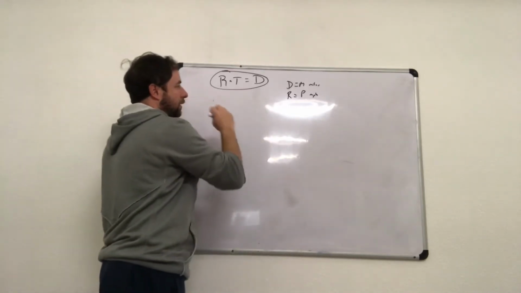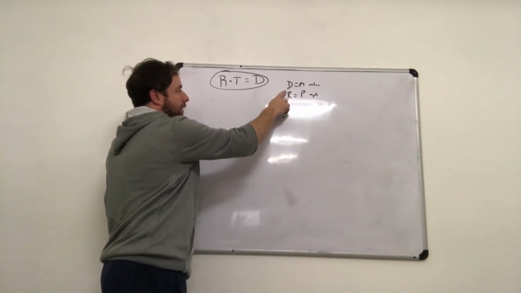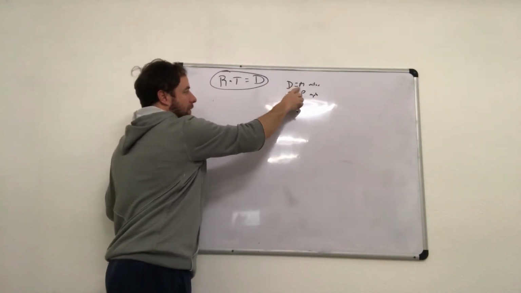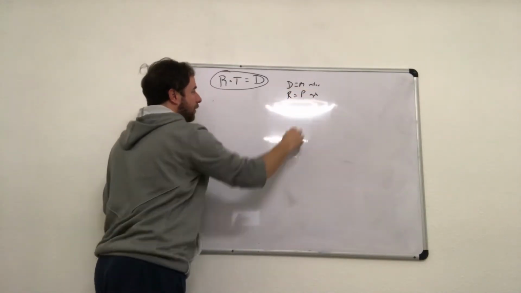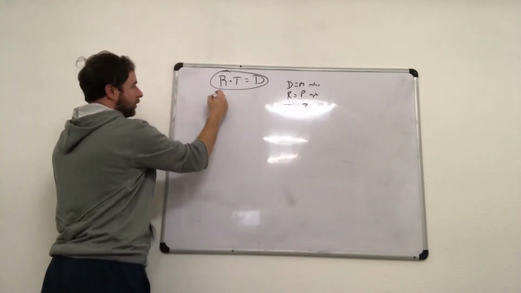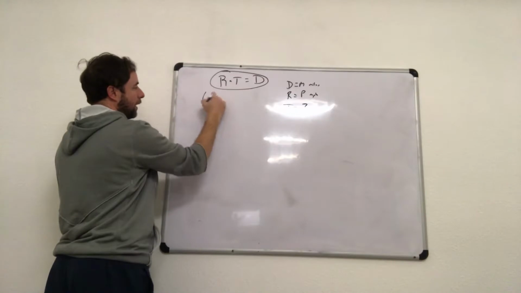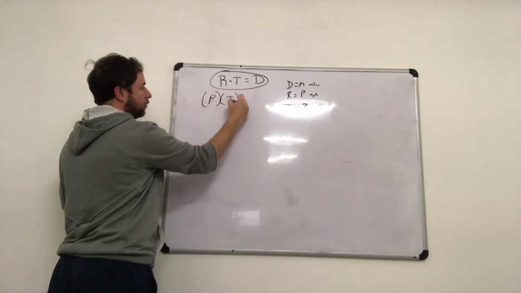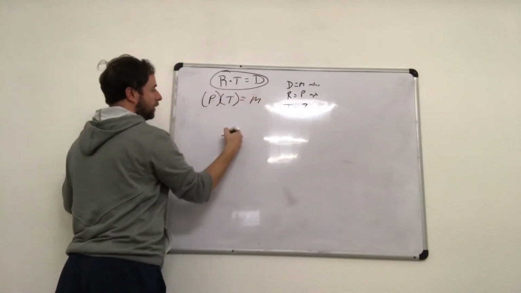In case 1, it says that the train traveled m miles at p miles per hour. So the time we do not know. It goes at p miles per hour in place of the rate, the time we don't know, and the distance was m miles.